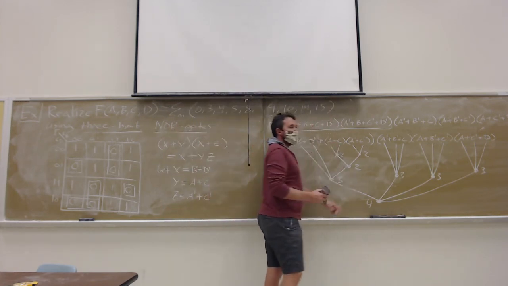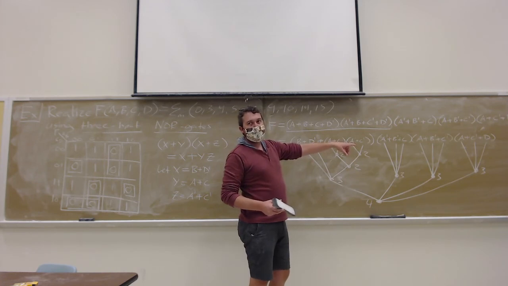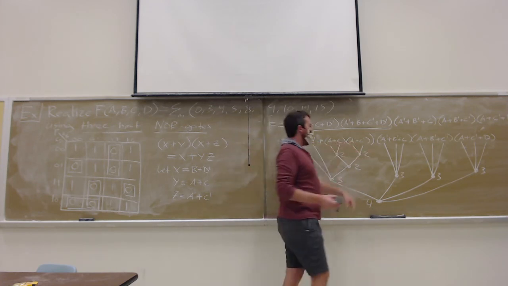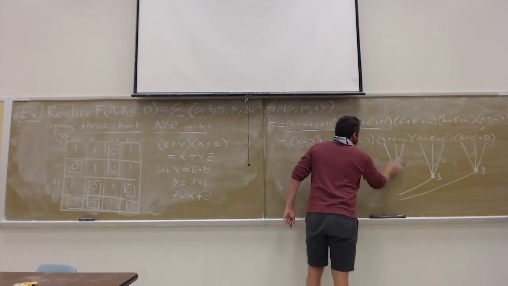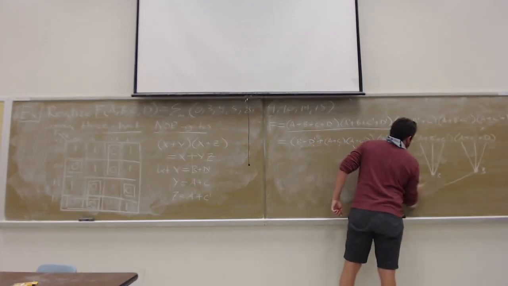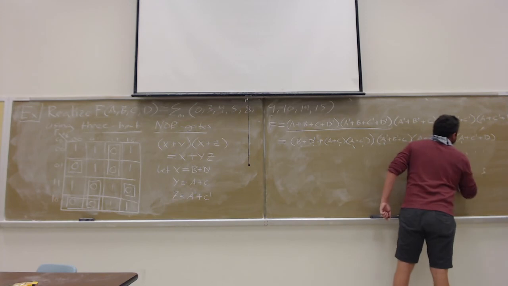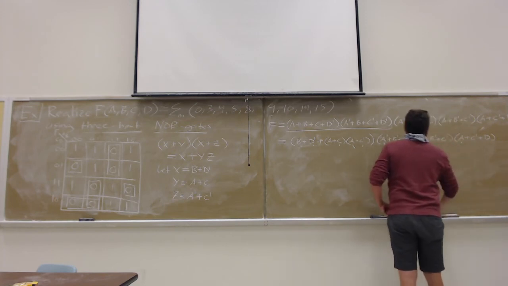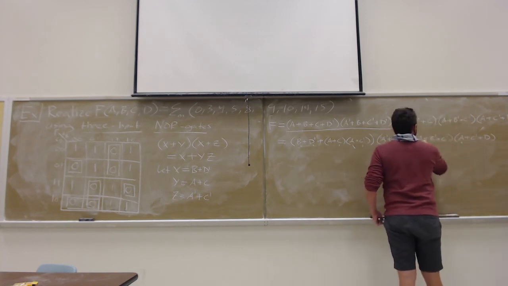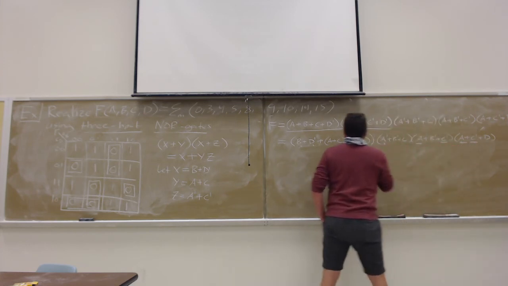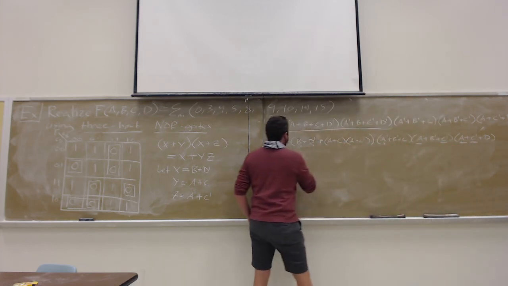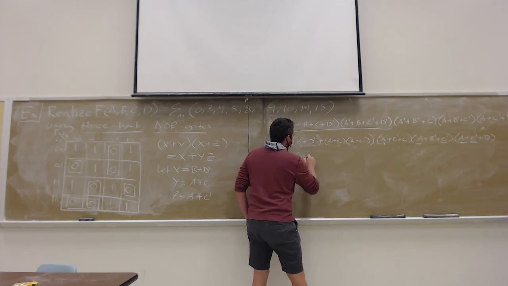Can I erase this tree diagram? Give us some room to work on. Alright. Yeah, you're absolutely right. We're going to do the same thing that we just did, but we're going to do it here with A or C prime, A or C prime. So I'm going to fill in the rest of everything.